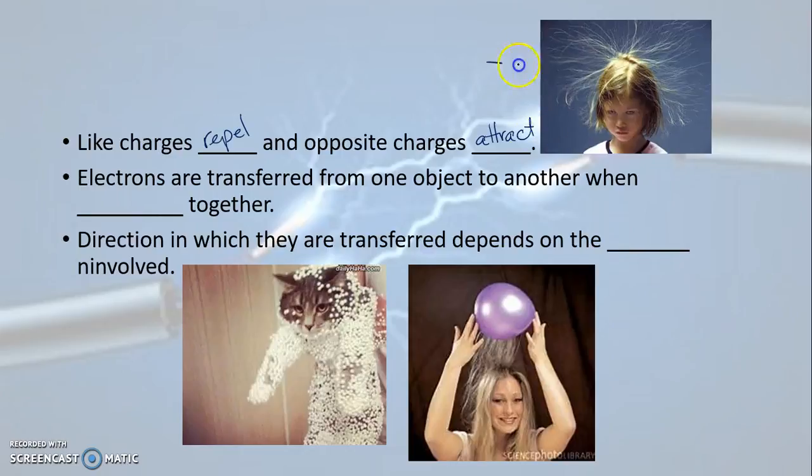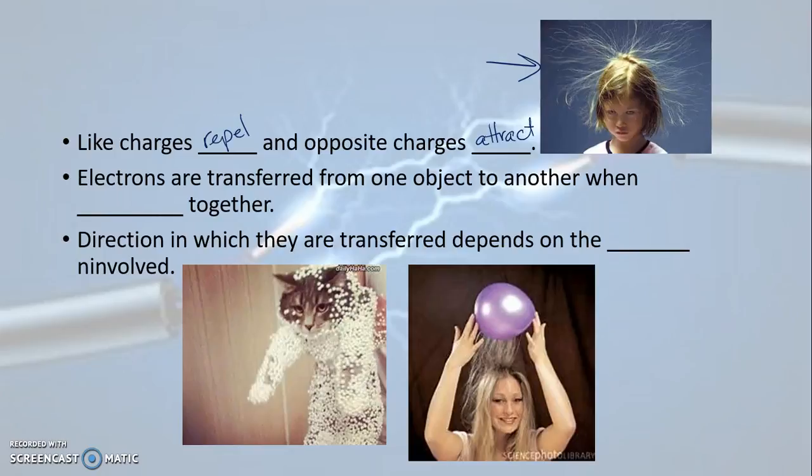So this picture here, you guys have all had, well, maybe not all of you, if you have longer hair or hair that does kind of what it wants to do, when you go to put your sweater on or your hoodie on and it's dry out, especially now during the colder months, your hair experiences this static electricity. So what's happening is that your hair, as it's being rubbed against the sweater or the sweatshirt material, is actually picking up those electrons.